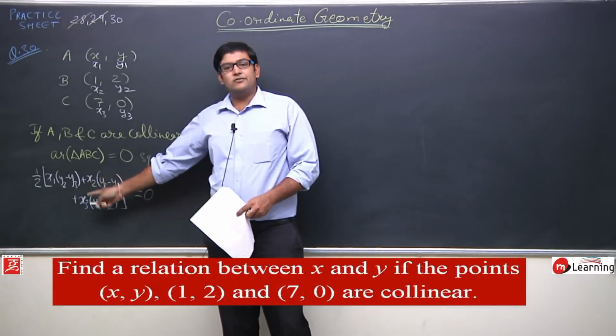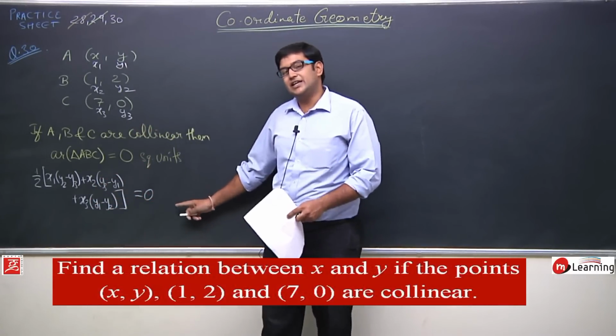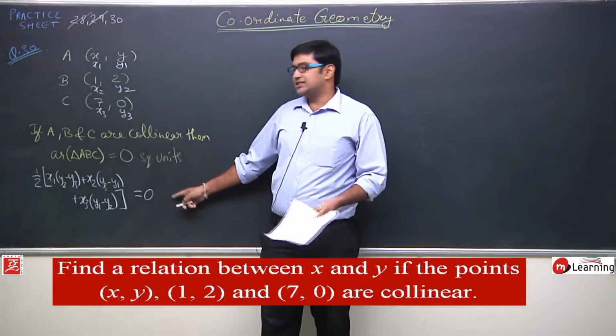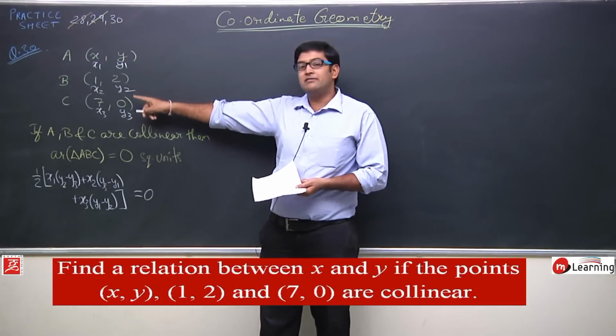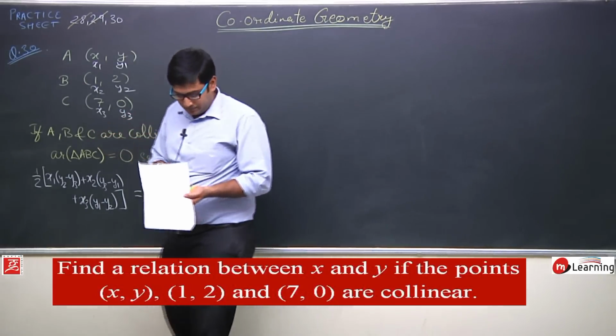Now we have the area of triangle and we have equated this area to 0. So let us substitute the values of x1, y1, x2, y2 and x3, y3.